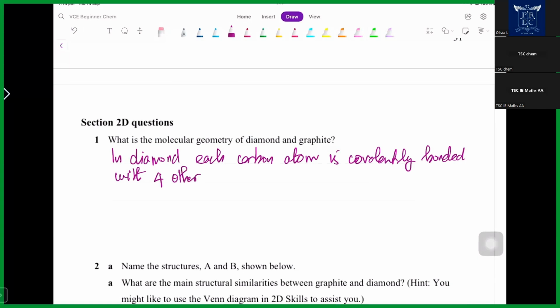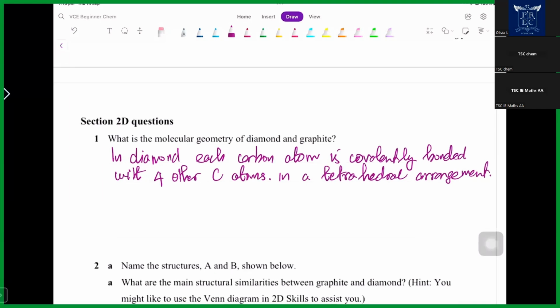So you need to mention this, in a tetrahedral arrangement, molecular geometry, forming a rigid giant 3D structure. So that is for diamond.